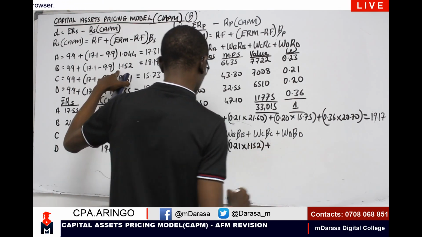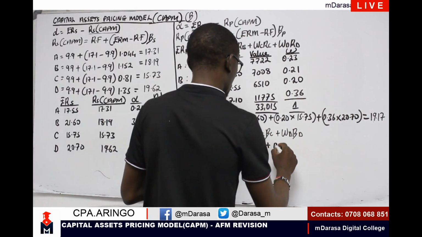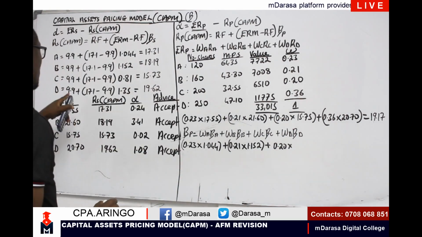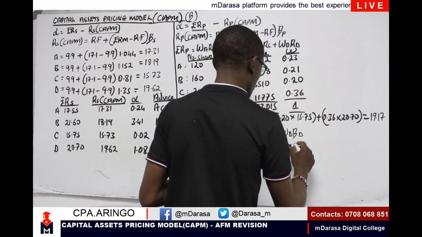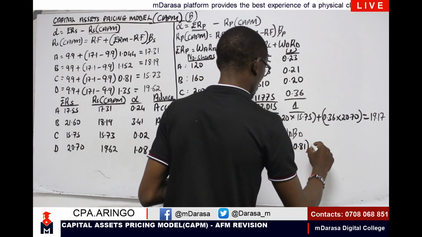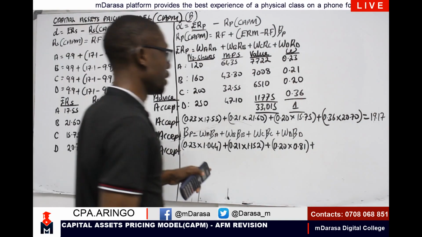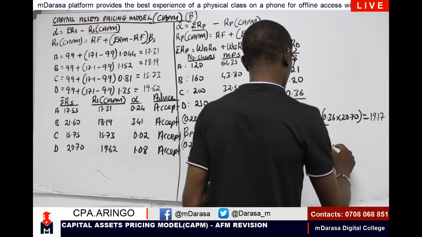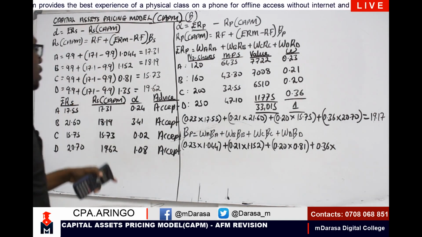We add weight of C, which is 0.20. We multiply by beta of C, which is 0.81. We are going to add, of course, the weight of D, which is 0.36. We multiply by beta of D, 1.35.